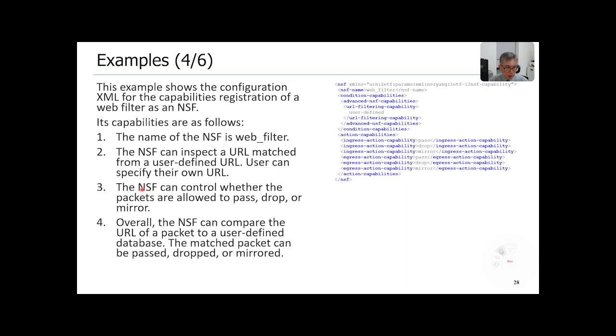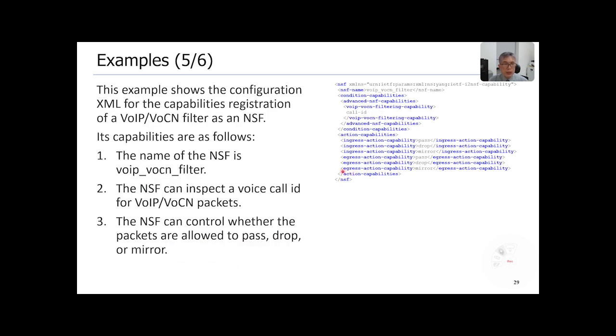And the NSF can control whether the packet is allowed to pass or drop here. Ingress, egress, we have both actions. Overall, the NSF can compare the URL of the packet to a user-defined database having some URL information. The matched packet can be passed, dropped, or mirrored.